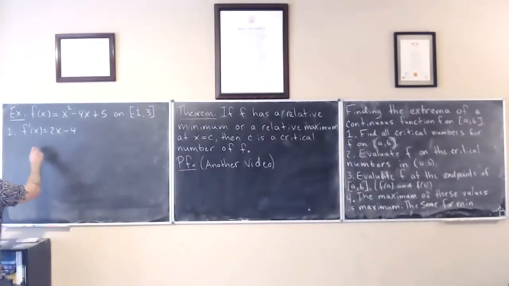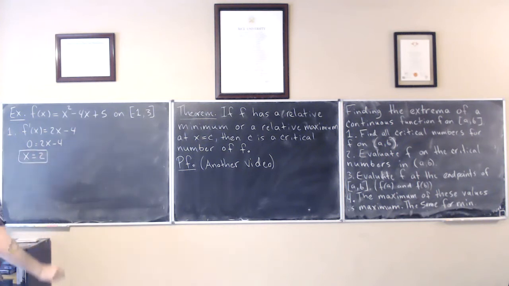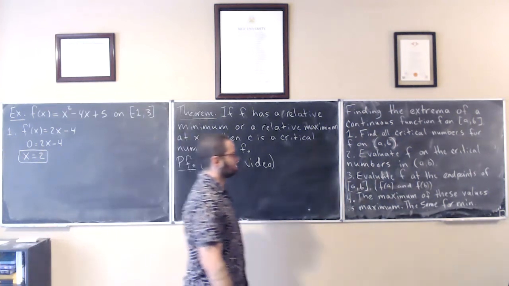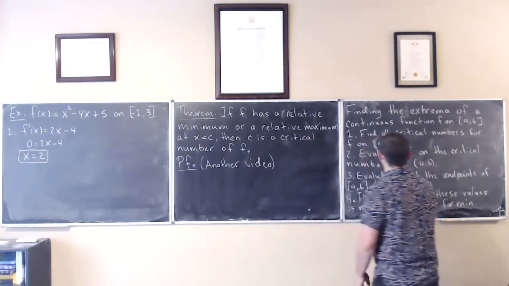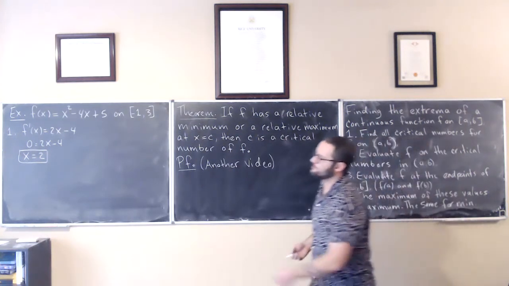So we set this equal to 0, and we get that the only critical value is x = 2. Now we need to evaluate the function at the critical value.